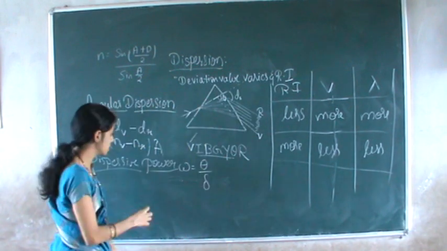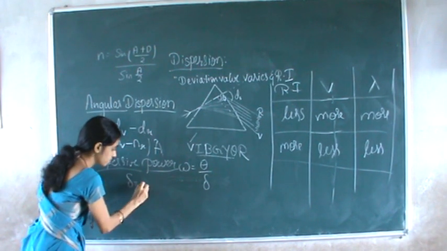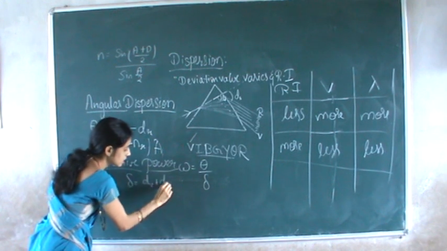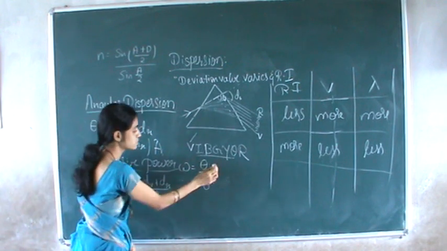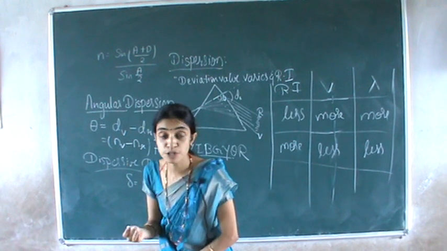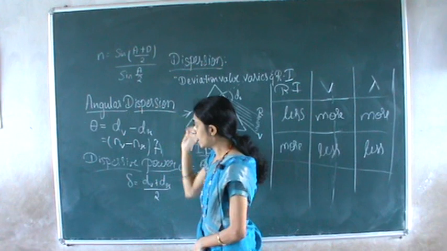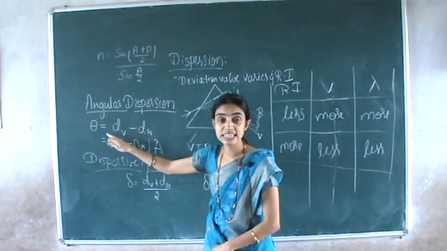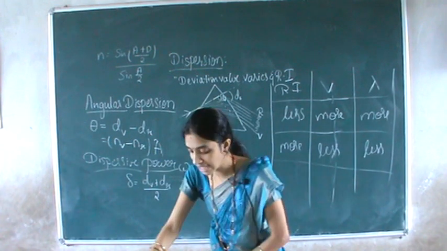Delta is (dV plus dR) by 2. You can substitute and obtain the expression, but you should remember what dispersive power is. Angular dispersion is the difference between the deviations produced by the two colors.